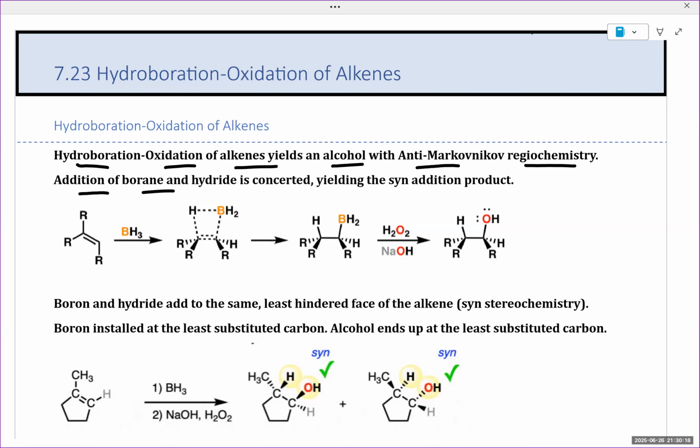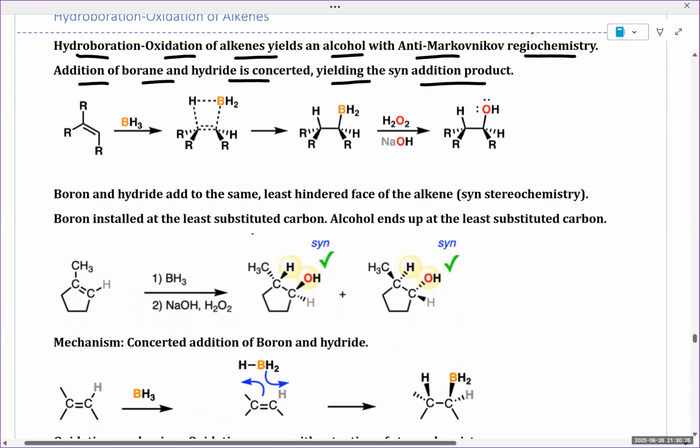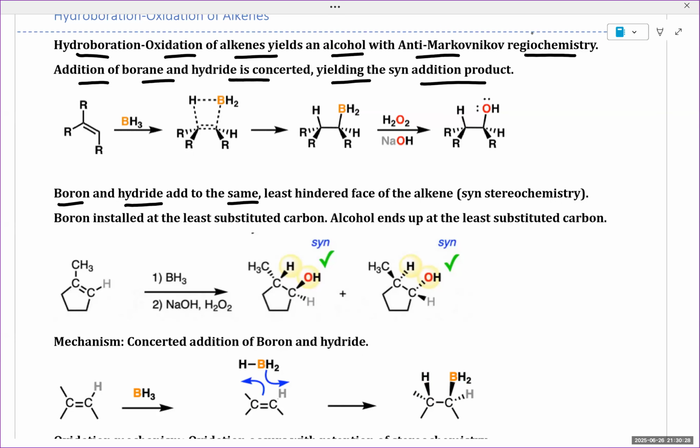The addition of borane and hydride is concerted, yielding a syn addition product. Importantly, boron and hydride add to the same least hindered face of the alkene with syn stereochemistry. And boron, because it's installed at the least substituted carbon, the alcohol ends up at the least substituted carbon.